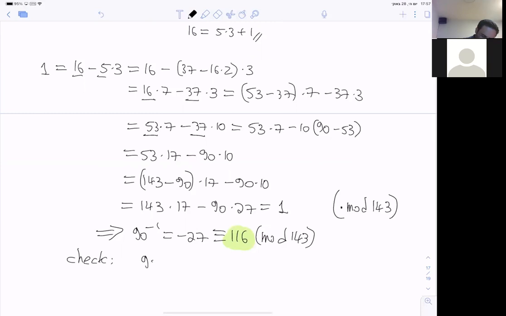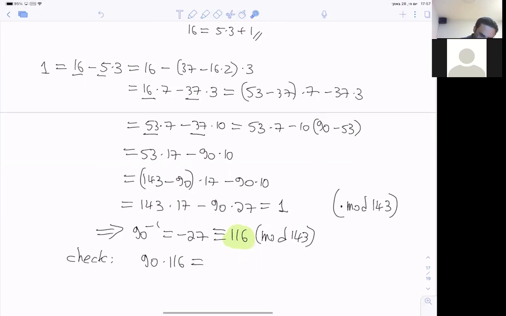We just multiply 90 with 116 and then remove all multiplications of 143. Okay, so I'm using the computer. Okay, this is equivalent, if I divide it, I see that you can remove 73 times.